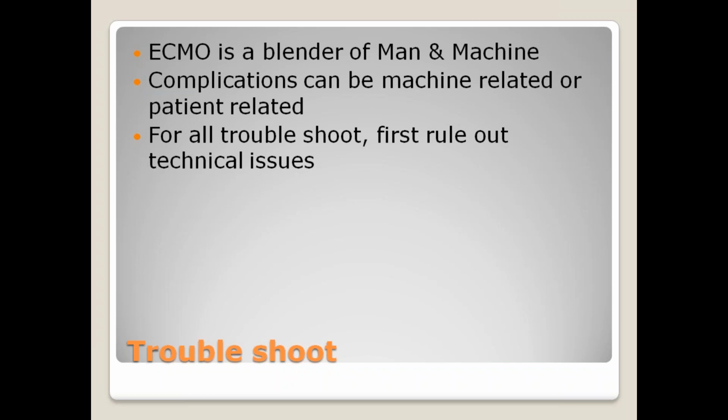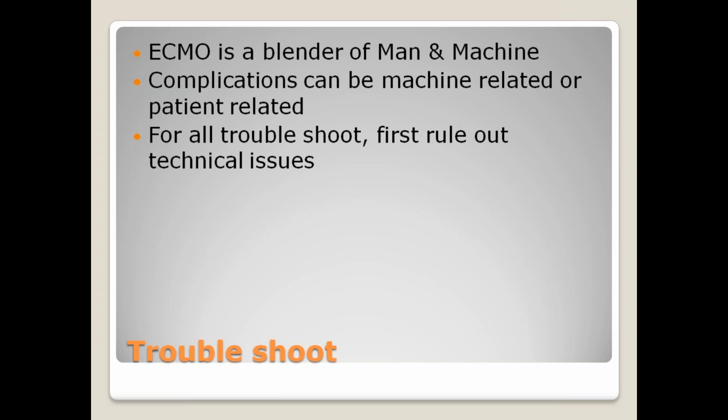And remember, for all troubleshooting, whichever you get, the victim is always first the technical issues. The reason is that technical issues are easy to diagnose, number 1, and number 2, they can be life-threatening, and they can be rectified immediately. If you diagnose it, it is 100% correctable.